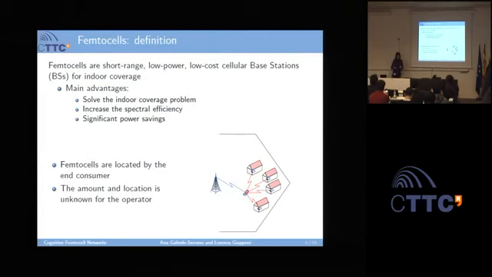Another aspect to take into account is that femtocells are a very important component of heterogeneous networks, the future networks, so they have to implement some energy efficiency techniques, they have to be autonomous, intelligent, etc.